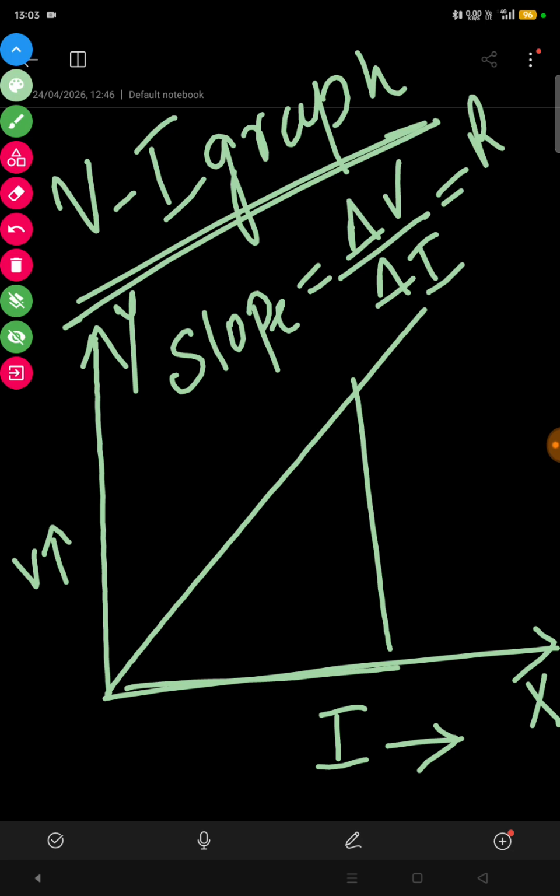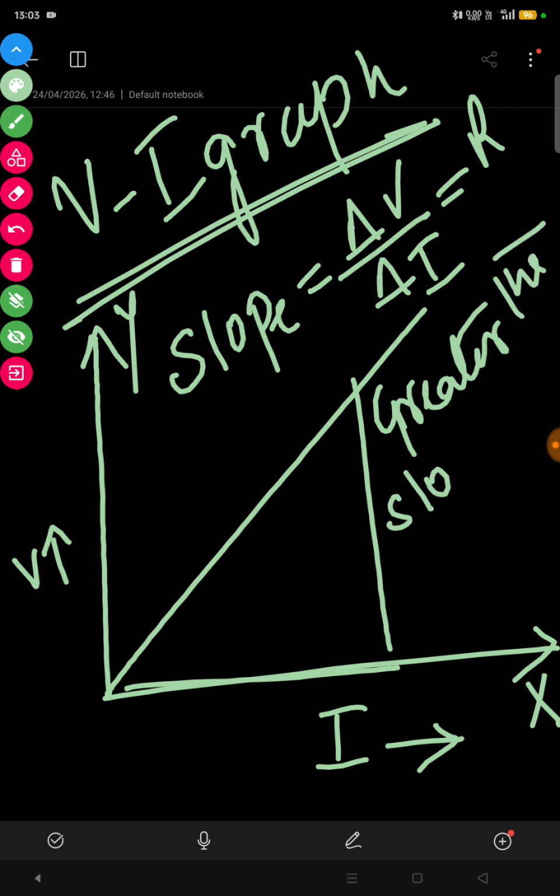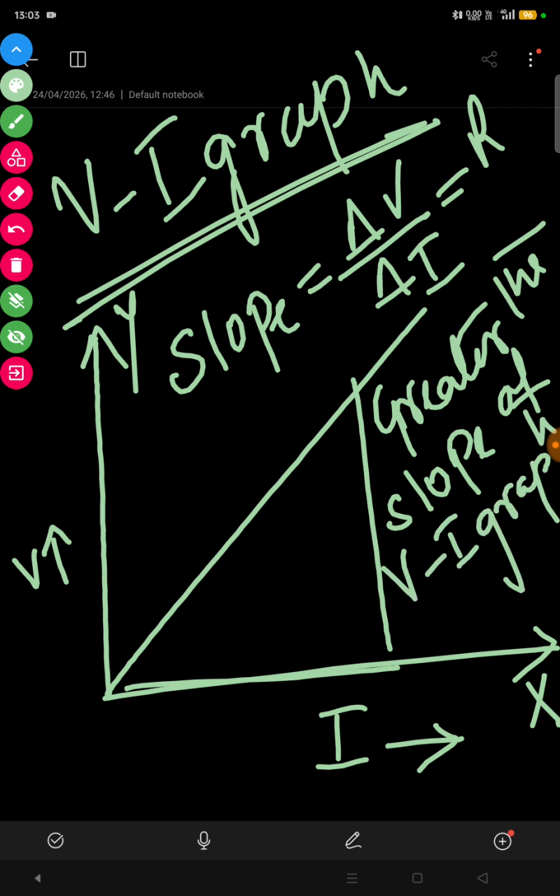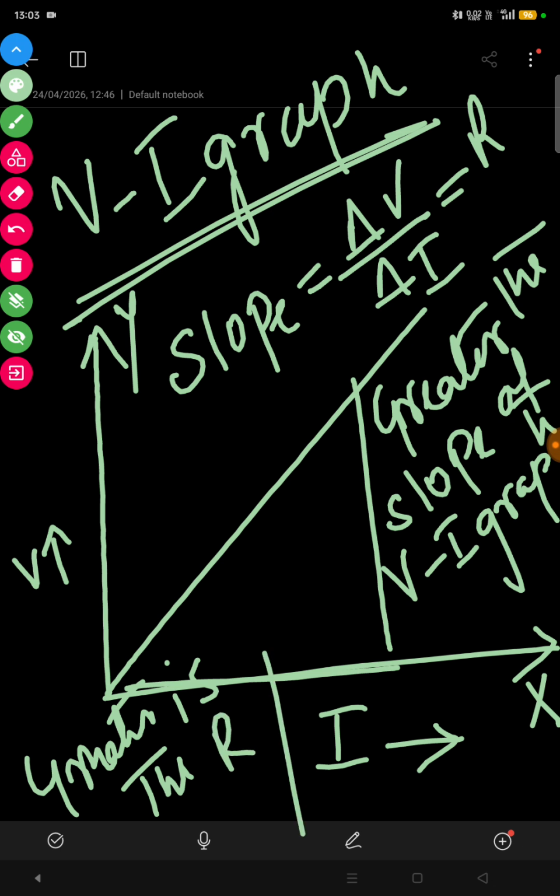So one thing is clear: greater the slope of the VI graph, greater is the resistance.